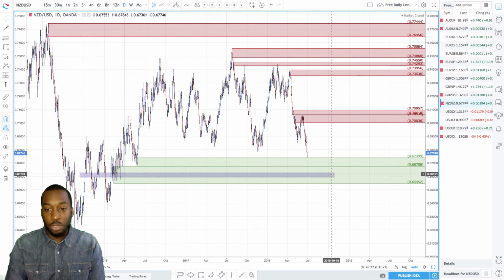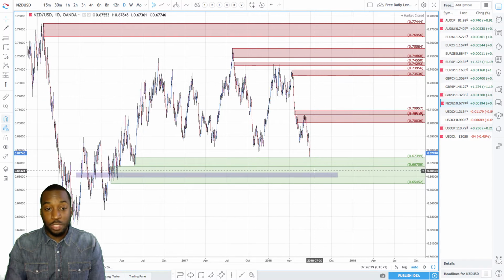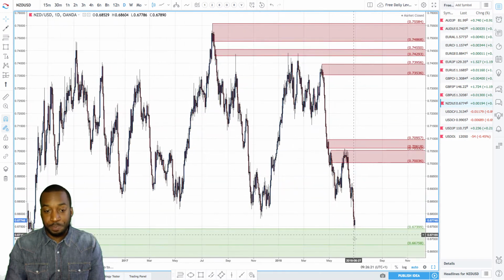Again, just zoom down into your lower time frame charts if you trade the lower time frame charts, and then you'd be looking for an entry down here. But for now, we've got this demand zone still here, this 67 level, and the lower end of demand zones and supply zones are usually where we have potentially the strongest bounces.